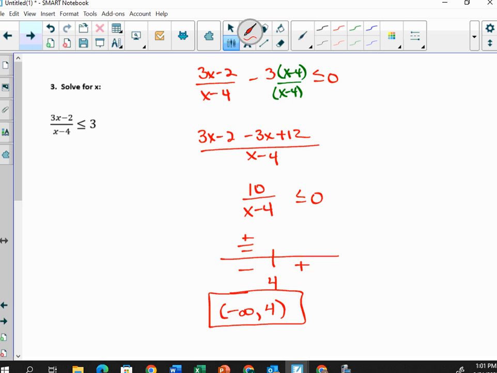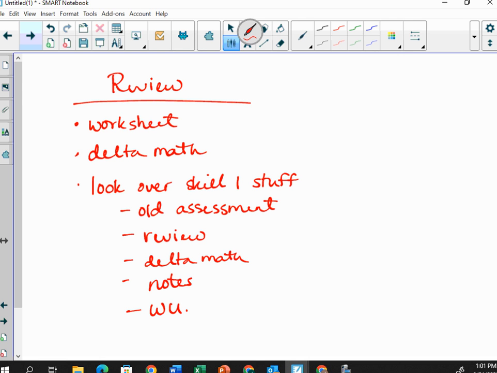So guys, things to use to review. We've obviously got the worksheet I just handed you and Delta Math. Don't forget to look back over your Skill 1 stuff. The Skill 1 reassessment will replace your Skill 1 grade that you already got. Whatever it is, it replaces it. Better, worse.